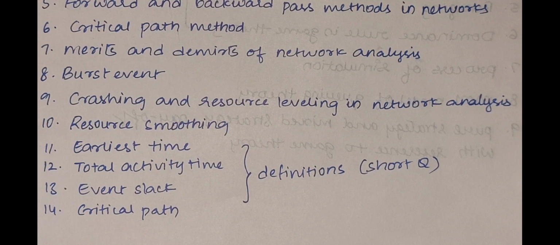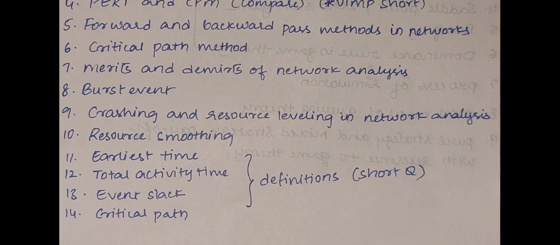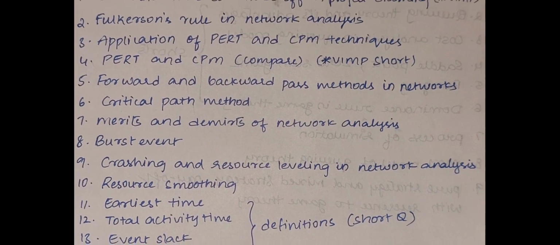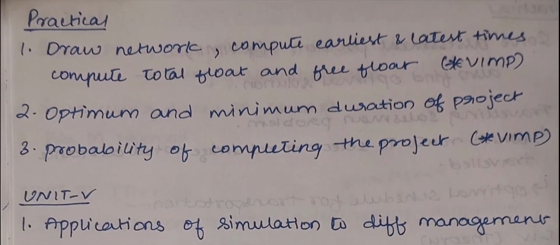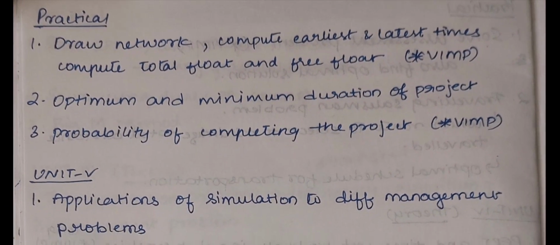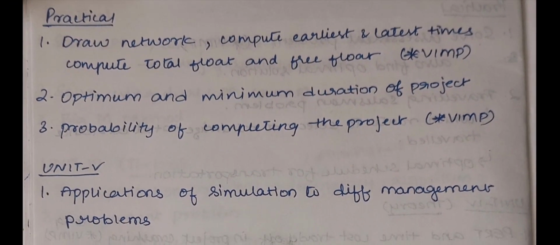So these questions are most important for both the short answer and the long answer questions. So pay specific attention to the explanation of these questions. And then we'll move on to the practical portion of unit 4, which is drawing network, computing earliest and latest times, and computing total float and free float.